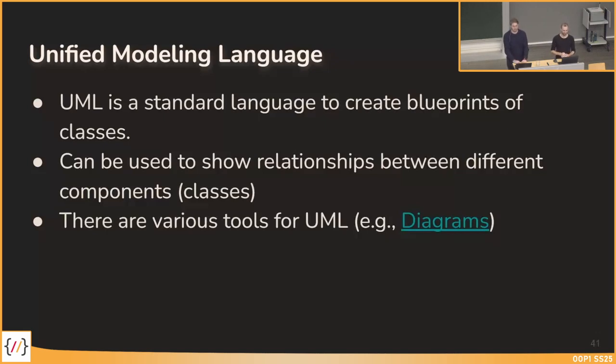You will also have to create such a UML diagram for the second homework. And you will also have to create a UML diagram for your assignment 2 as a team. And then you will discuss your implementation idea with your teammates and then with your tutor. That's why we want to discuss it briefly here.